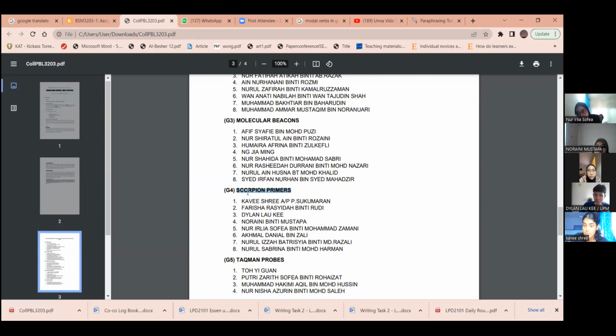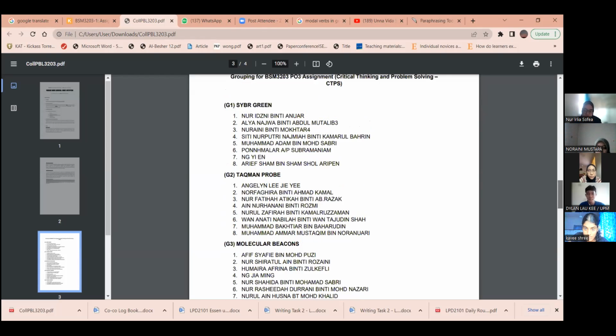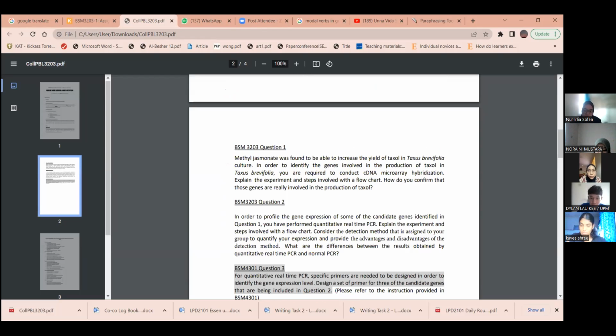Yes, I think, yeah, we have to do scorpion primers. I think it's the name of our group. So assuming that's the detection method that was assigned to us. Okay. Dylan, according to the detection method, we have to find out the advantages and disadvantages of scorpion primers, right? Yes.